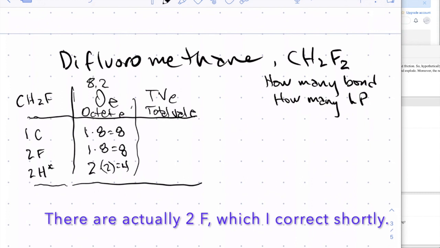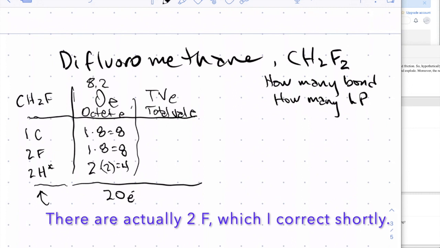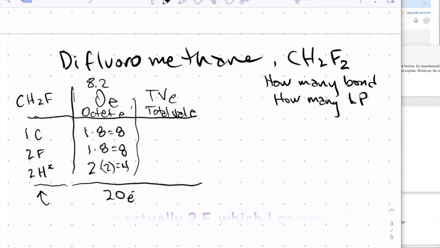If you add this all up, this adds up to 20 electrons. In other words, if all these atoms over here were in a perfect environment, then there would be 8 valence electrons around carbon, 8 valence electrons around fluorine, and 2 valence electrons around hydrogen. I forgot to do this. There's actually 2 fluorine, so I have to clear this and correct that.